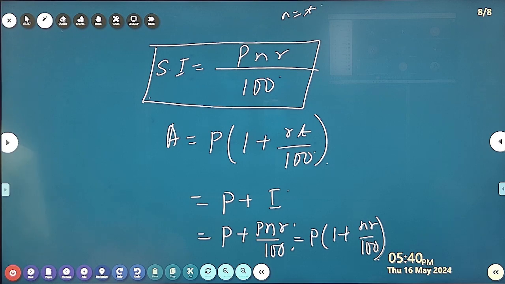There could be a facility, if you work in a bank, the bank can give you the facility that you can take a loan and it will be calculated on a simple interest basis. But there are limited sources from where you will get simple interest. Mostly, if we talk about interest, always it will be compound interest.